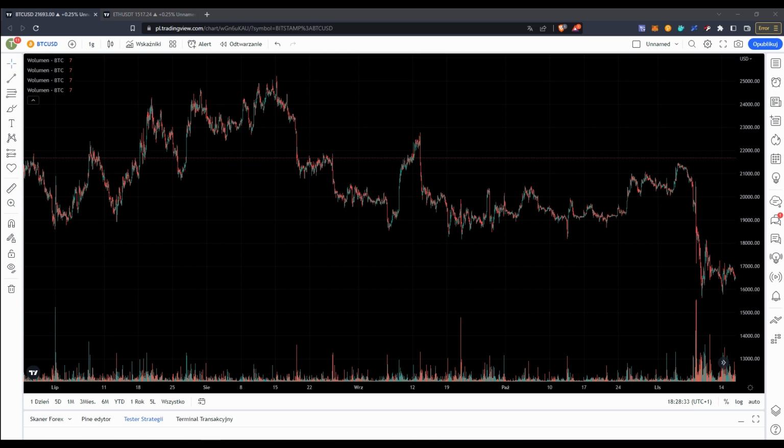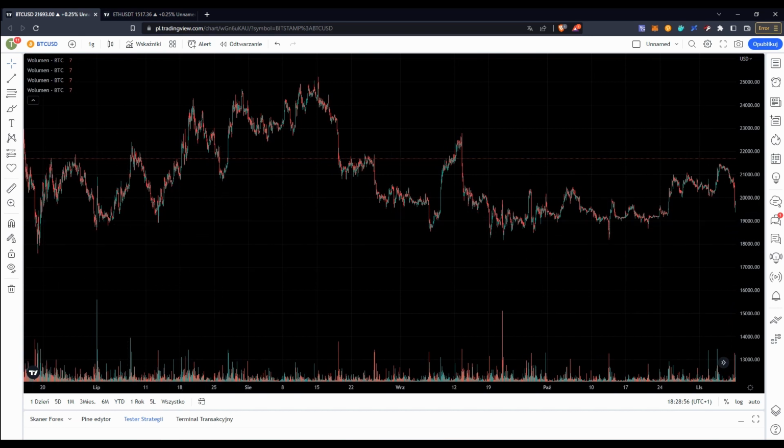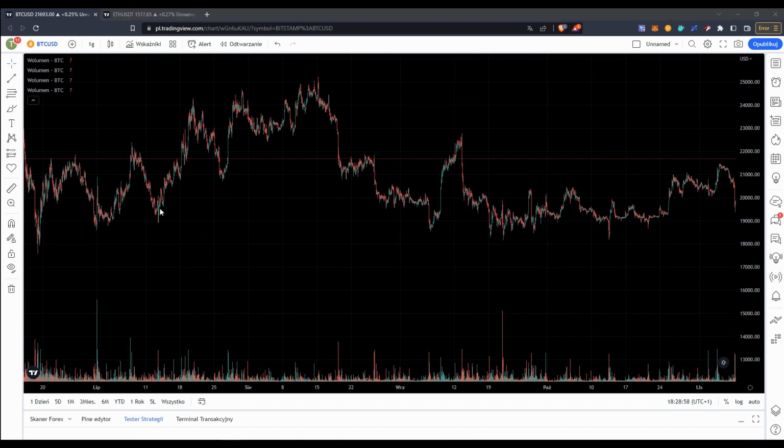So right now, let's have a look at what we have on the chart. Let's try to explain on a few examples with Bitcoin and Ethereum to have a bigger picture, okay? So let's start with higher volume and rising prices, like what we have here, and we have rising volume here. So the market was trying to go higher, all right?